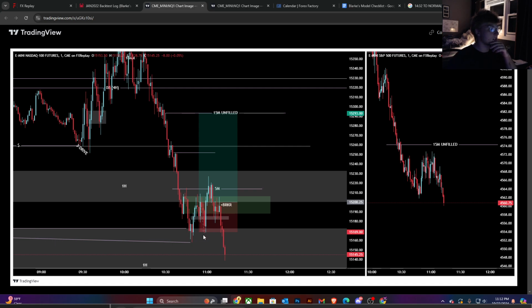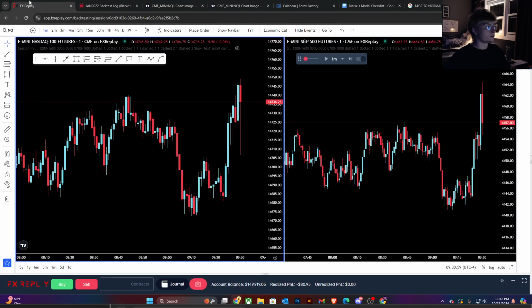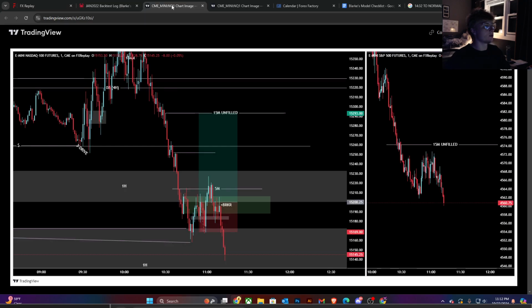Looks like SMT 1-minute inversion. Wicked out and then hit my break-even level. So yeah, this is just unfortunate. Wicked out by like 2 ticks. But yeah, both setups here did look good.